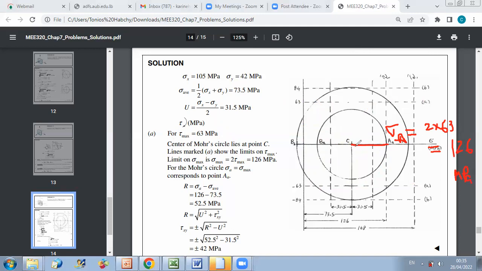And then, knowing the value of sigma average, which is 73.5, we can determine the radius of this circle.